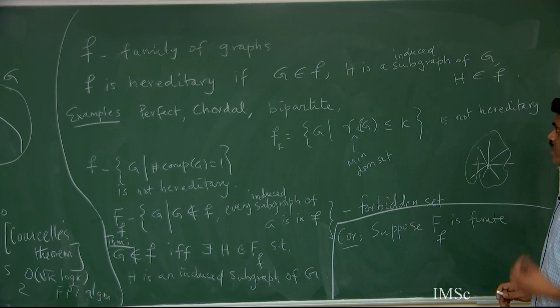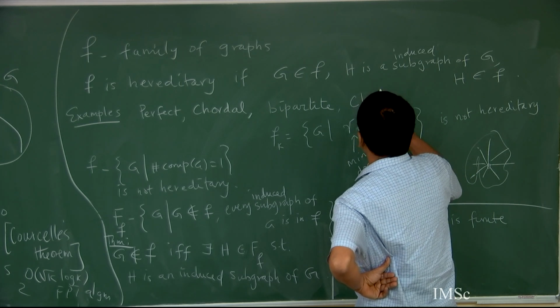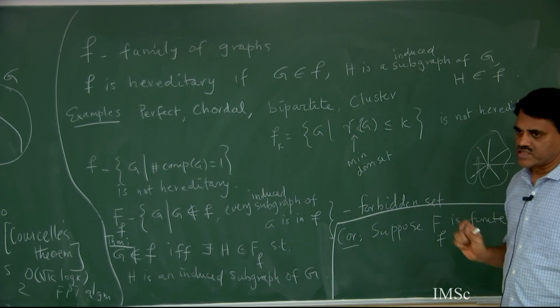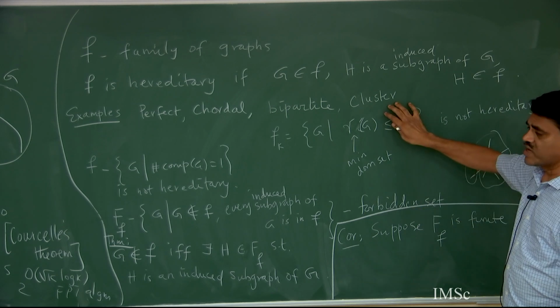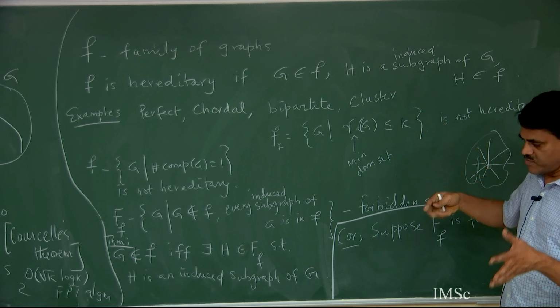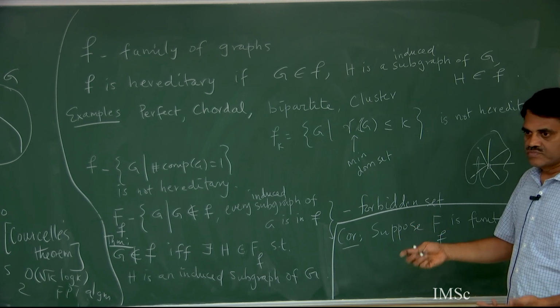For example, cluster graphs. A cluster graph is a disjoint union of cliques. It's a collection of cliques, every component is a clique. Any such graph is hereditary, because if you take an induced subgraph, it's again a collection of cliques.